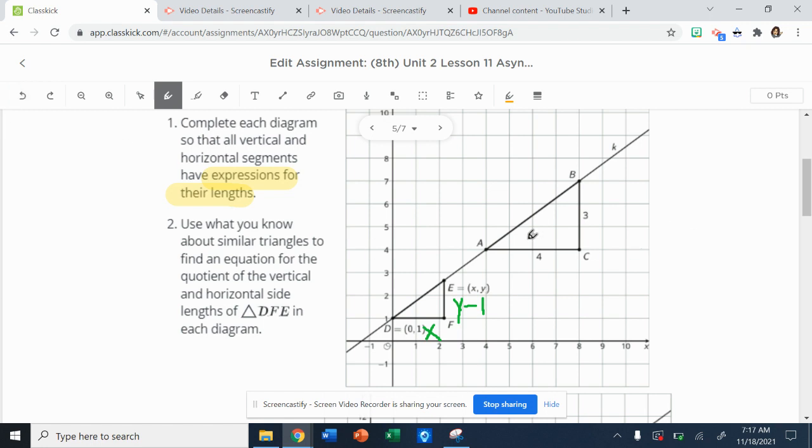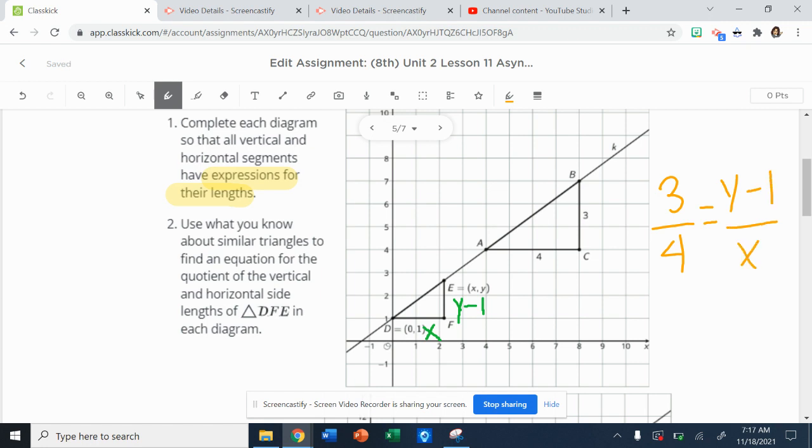Now, we know from triangle ABC that the slope of any triangle that falls along line K has to be 3 over 4. Rise over run, y over x. And so that means that triangle DEF has a slope of y minus 1 over x.